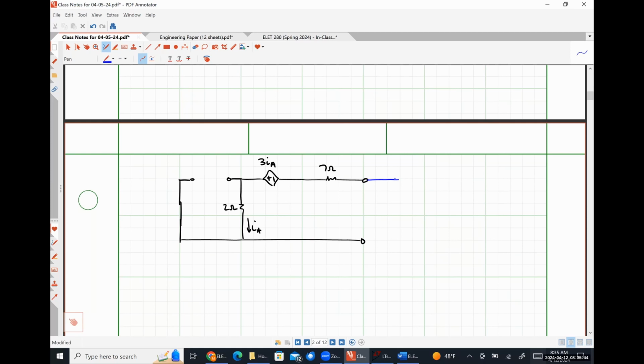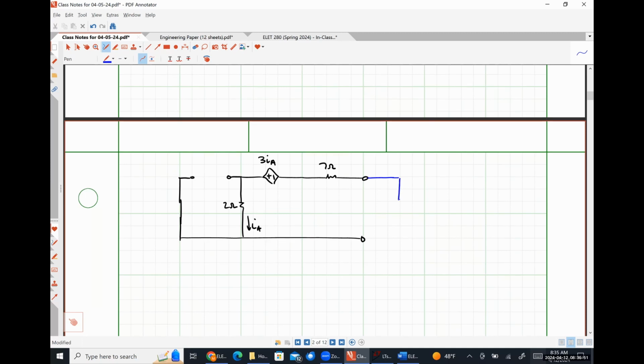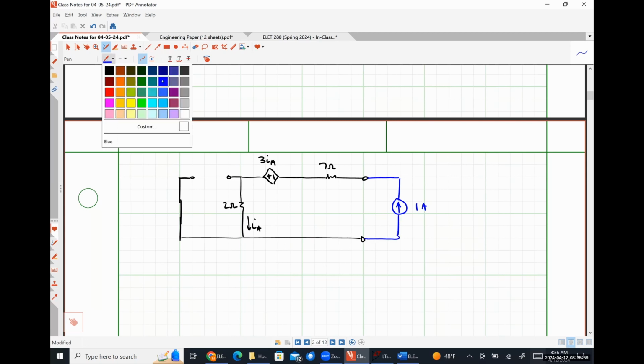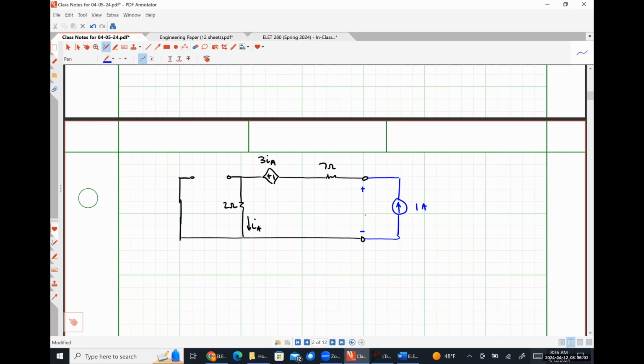So a current source here is going to make it easier because a current source lets us define what IA is, right? Yeah. So I'm going to put a 1 amp current source direction up, like so, and we are trying to find this voltage V test.